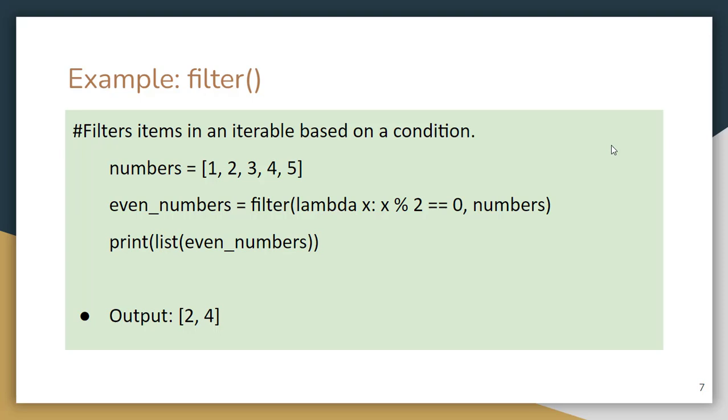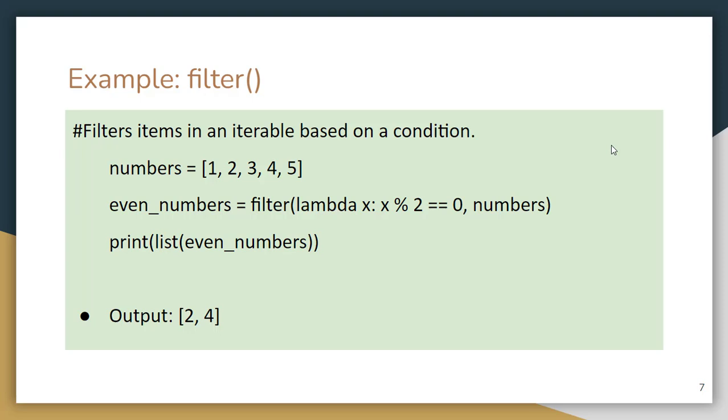This is an example for filter. We are going to filter items in an iterable based on a condition. The condition is that we check whether the element of the list is even or not. numbers is the list with elements 1, 2, 3, 4, 5, enclosed in square brackets.